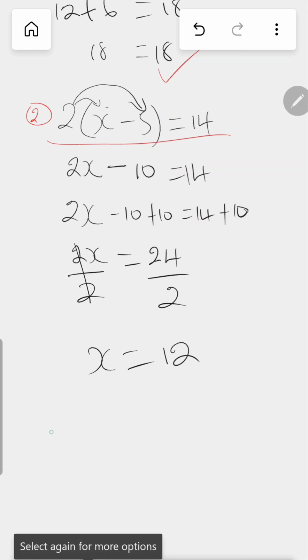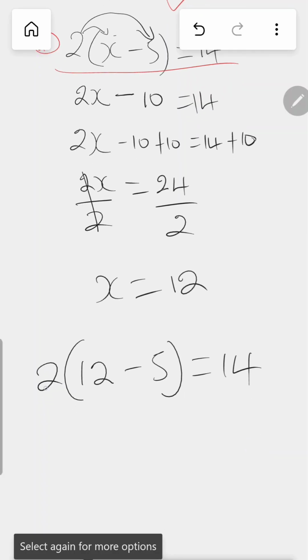So we are going to say 2, anywhere x is, we are going to put 12, minus 5 equal 14. Then you say 2 times 12 is 24, minus 2 times 5 is 10, equal 14.